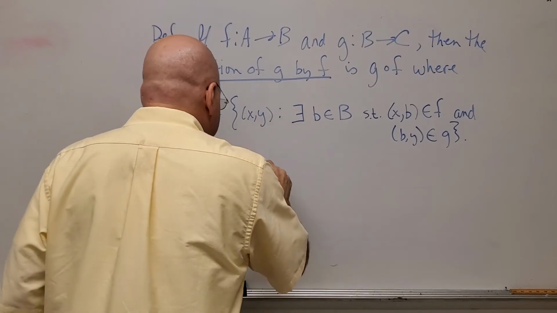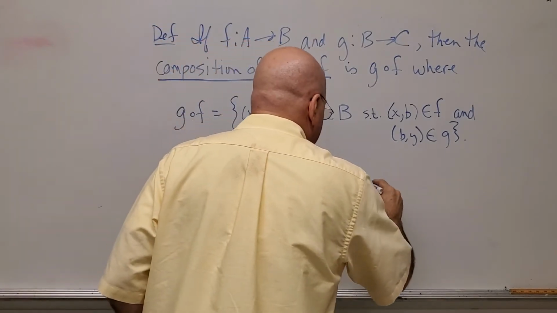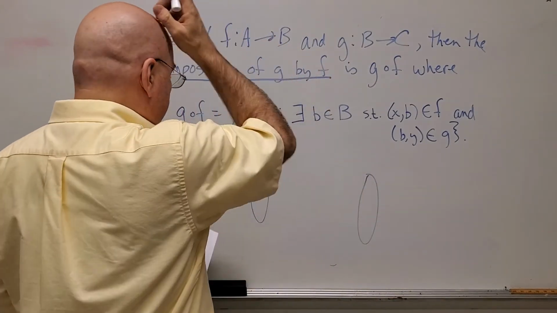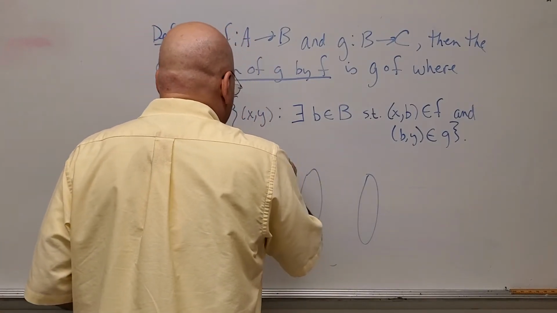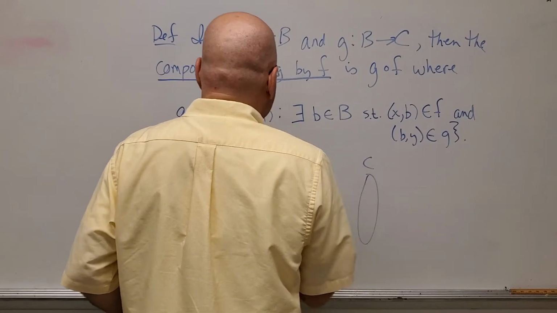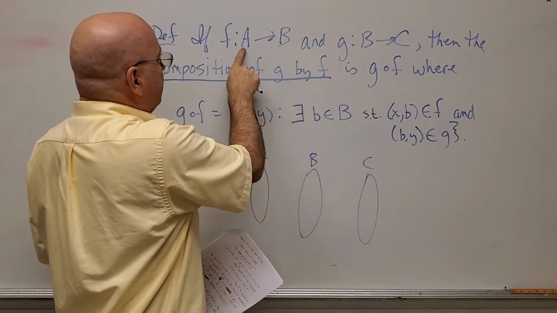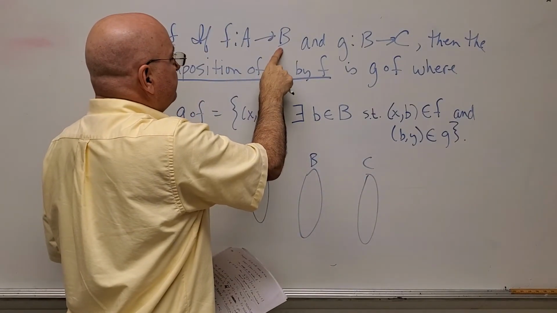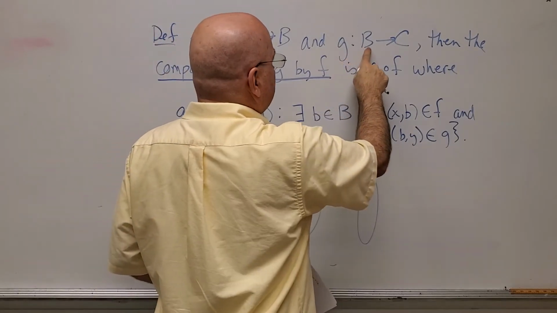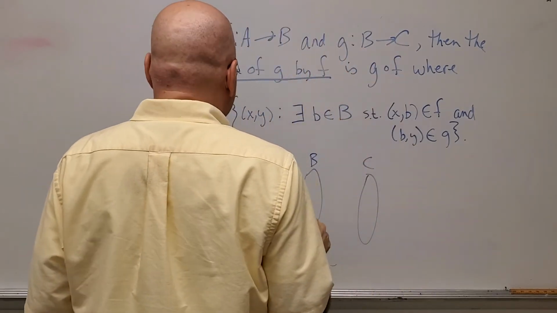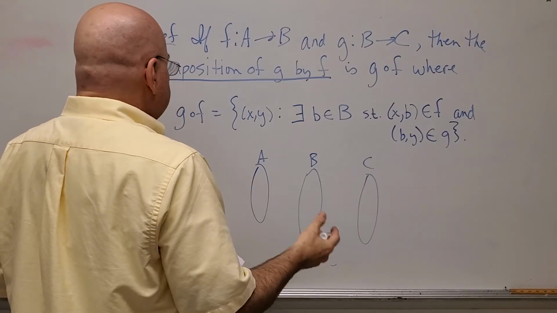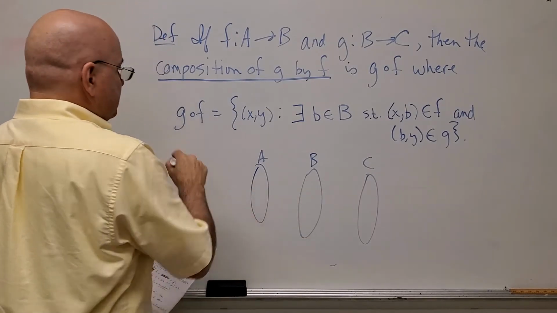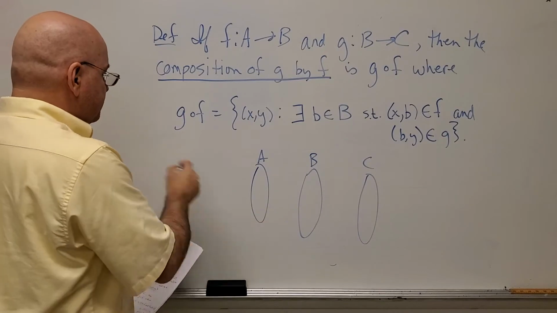So if we have a picture here, we've got say 3 sets, capital A, capital B, capital C. That's because f maps something from A into B. g maps something from B into C. So I want to be able to take g of f of x.